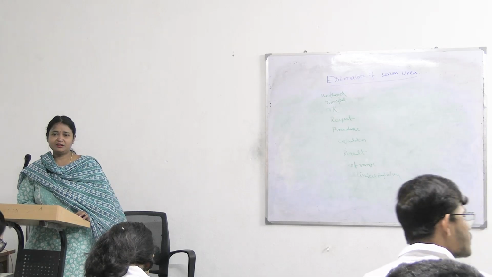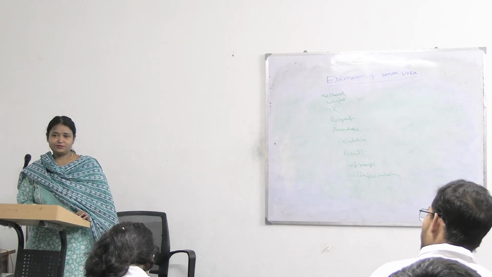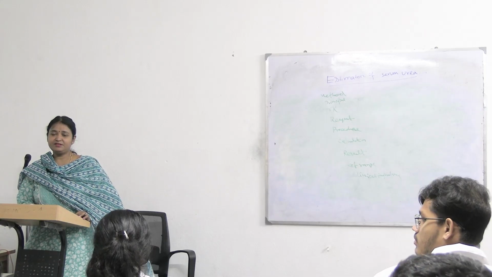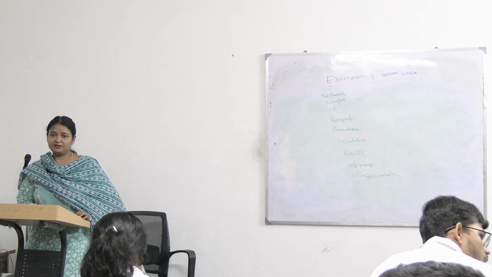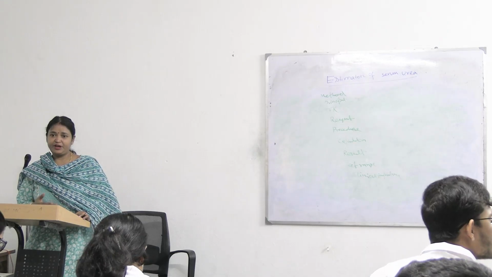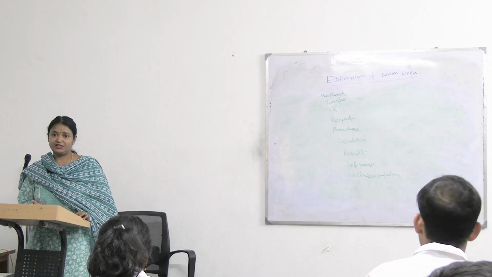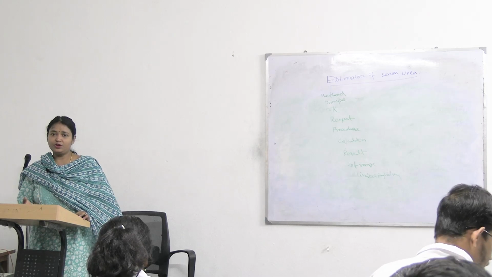Normally, we don't see decreased urea, because decreased urea means we feel it is better. Like below 14, it means your kidney and your liver are very much functional. It's very good. If it's more, then only problems will arise.